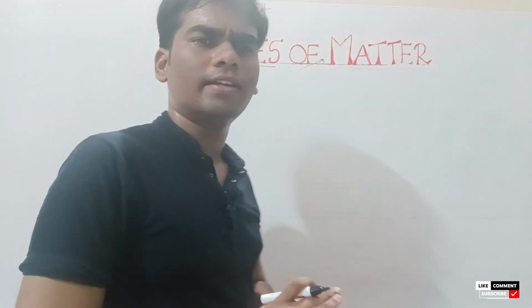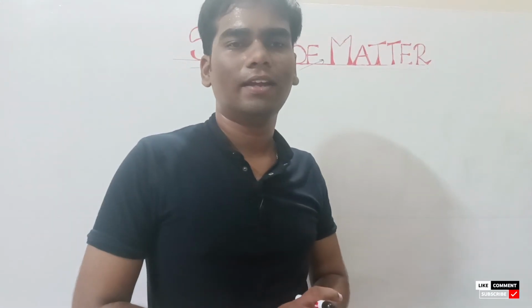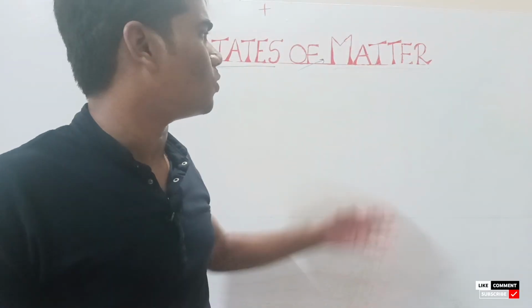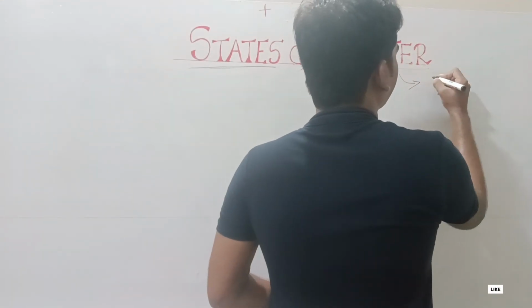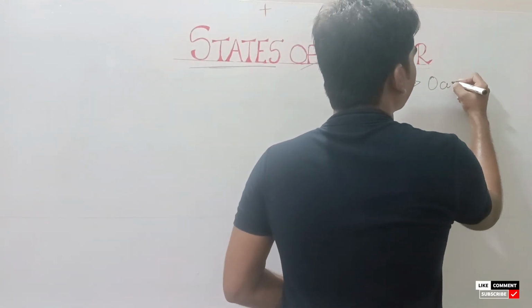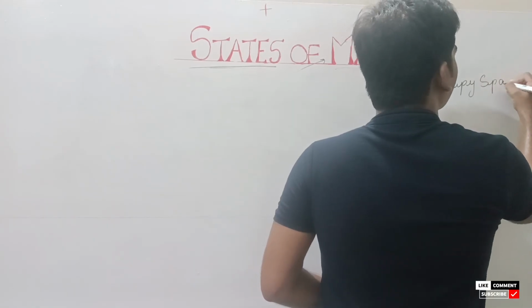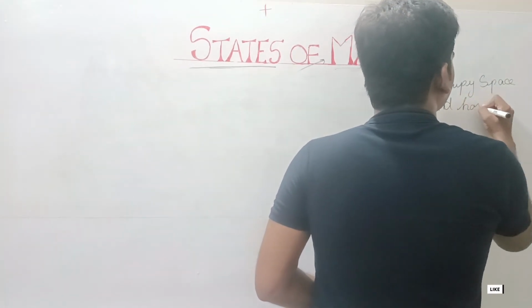My dear friends, if I ask someone what is matter, they will give the classical explanation, that matter is something which occupies space and has mass. Let me write it here. Matter is something which occupies space and has mass.